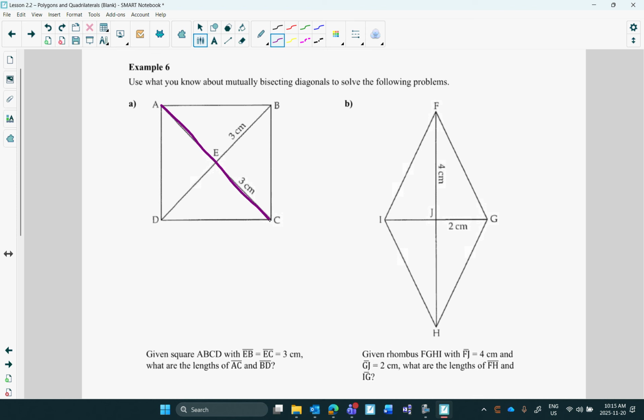If this is 3, this section is also 3 because they split each other into equal segments. So this must be 3, which means that AC must be 6 centimeters. What's BD? 6 for the same reason.